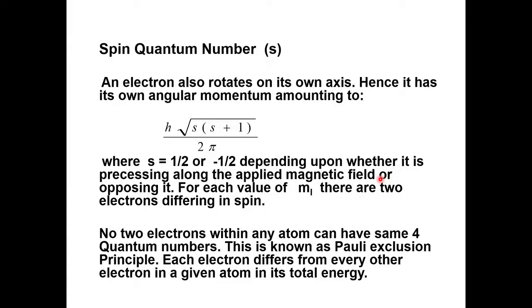Okay. Now, we describe another quantum number corresponding to an electron, that is designated as s, that is spin quantum number. Now, an electron goes round and round the nucleus, but it will also be going round and round itself.